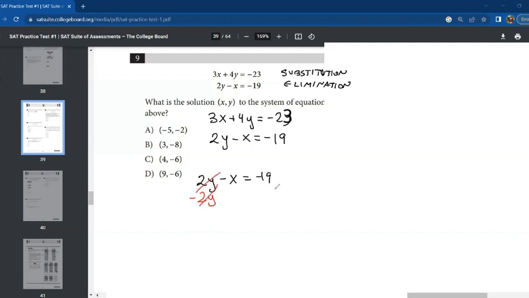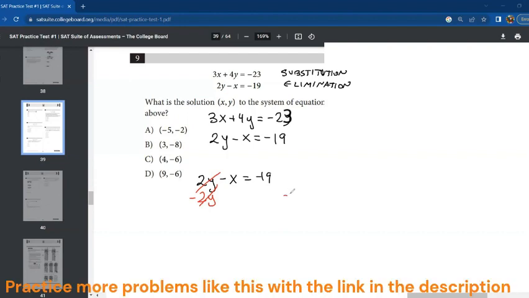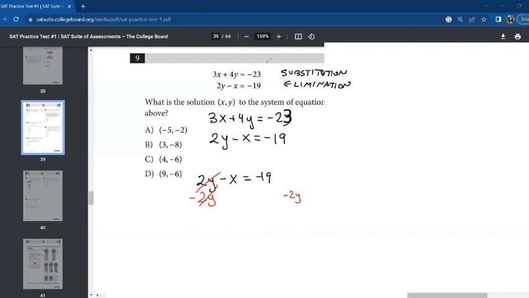But here, I'm not going to write it below the 19 because they are not like terms and they cannot be combined. So I can write it at one side here, or you can write it here. The important thing is that you don't combine the 19 with the 2y. So you have -19 minus 2y.